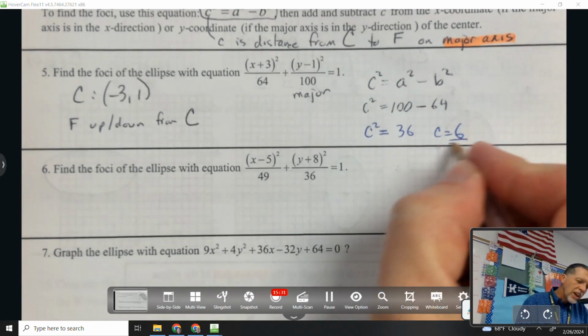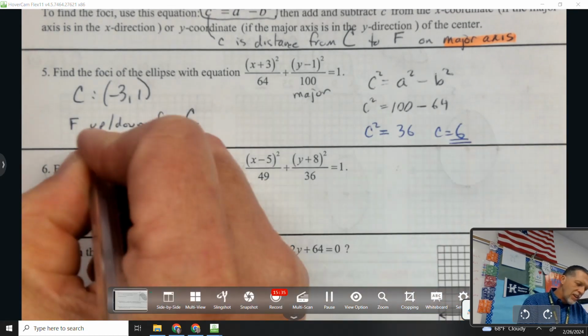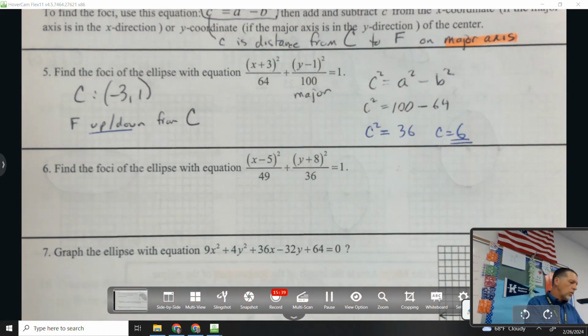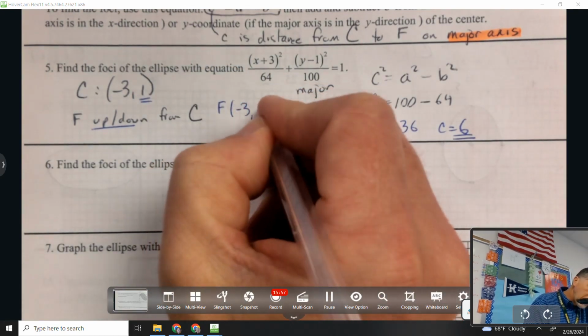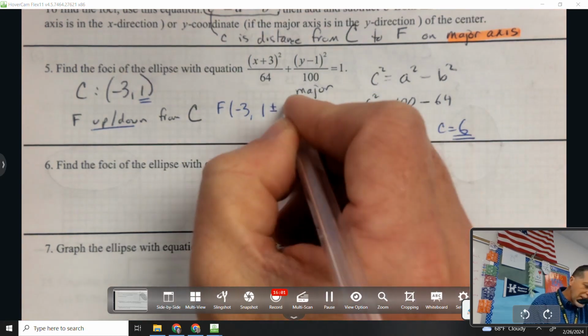Okay, so 6, but that's the distance up and down. So which coordinate should I adjust to accomplish an up and down change? The y. So my focus, I'm going to adjust the y coordinate by 6.